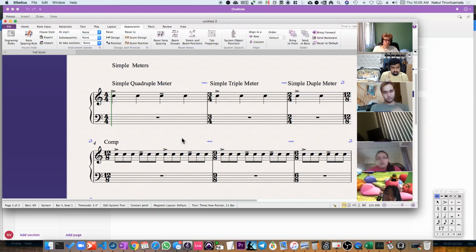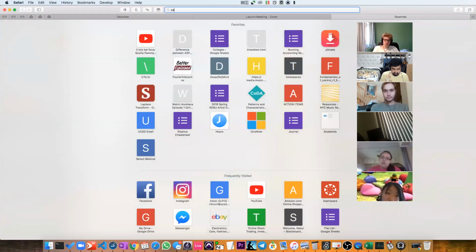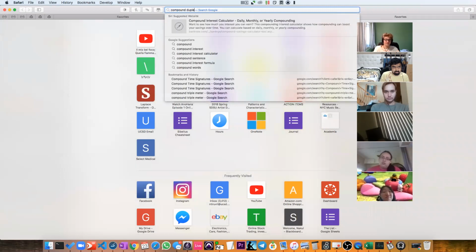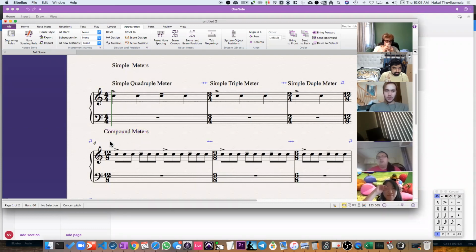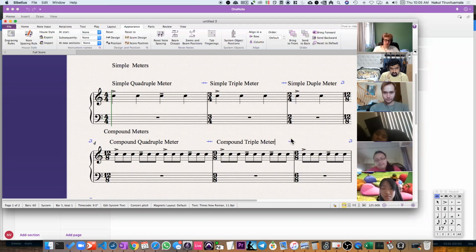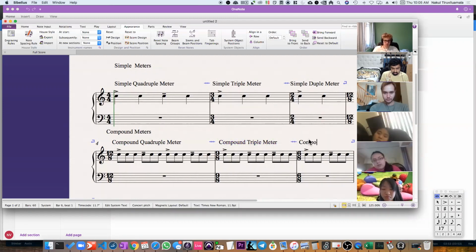Compound? I think it's compound. Yes, compound. So what we have here is the compound quadruple meter. Then we have the compound triple meter. And then we have the compound duple meter. Okay? This is a trip down memory lane.